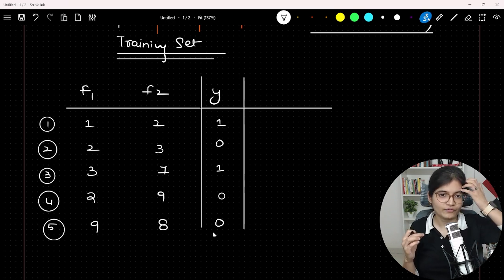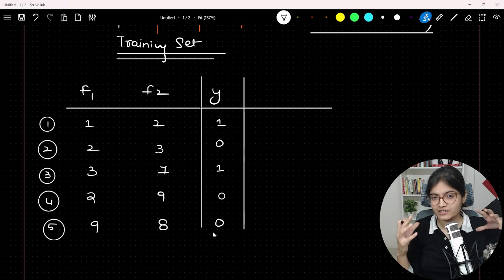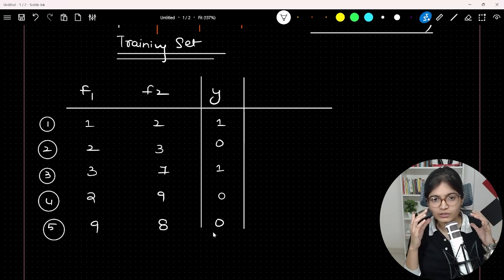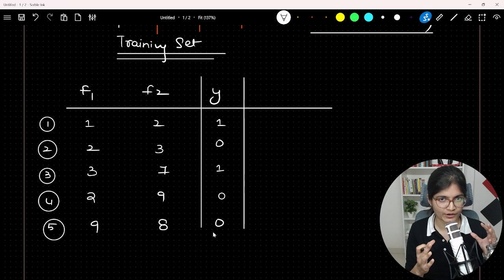Before that, regarding the weights: if you remember our previous discussion on the difference between bagging, boosting and stacking, we saw that weights play a very important role in the boosting algorithm.